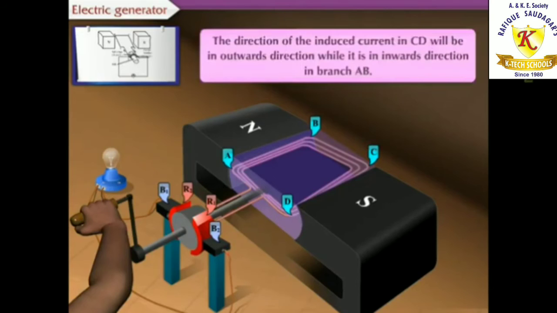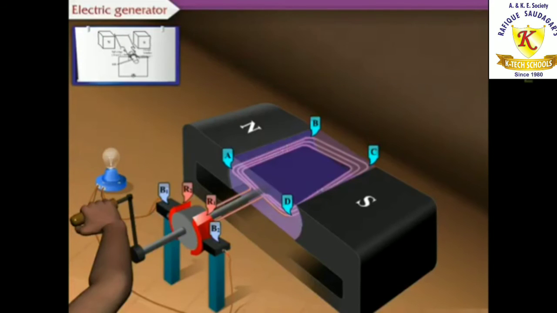The direction of the induced current in CD will be in outward direction while it is in inward direction in branch AB. The current in the outer circuit is from B1 to B2 in this half cycle also.